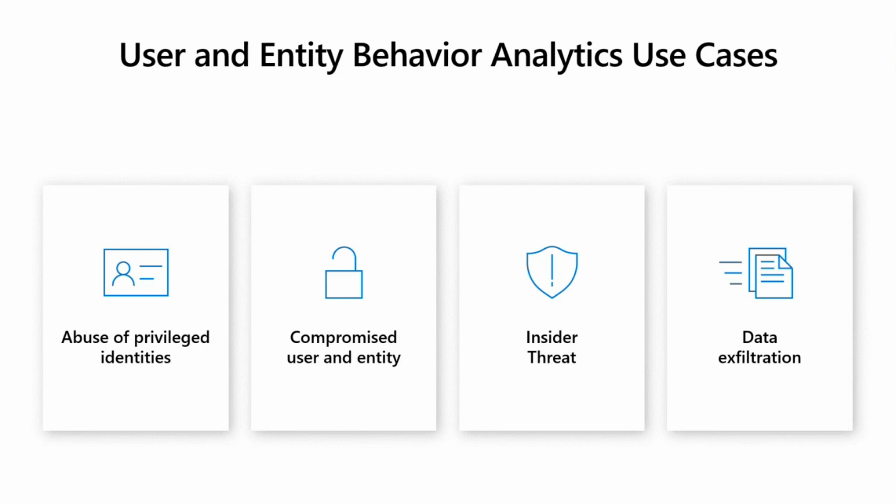Perhaps discovering an attacker who's gained access to a user's account who really starts working their way throughout that kill chain, which again deviates from the user's standard profile. And then, of course, we have insider threat and data exfiltration, such as a rogue or disgruntled employee who starts to collect sensitive information and, of course, exfiltrate it outside of your organization.